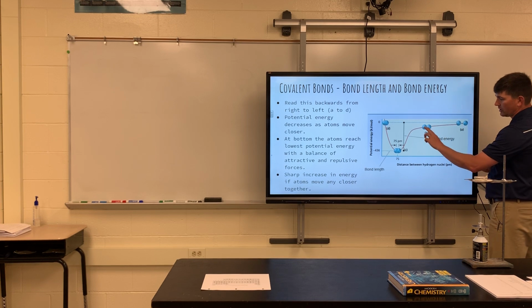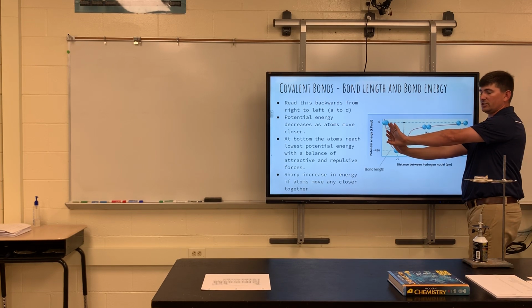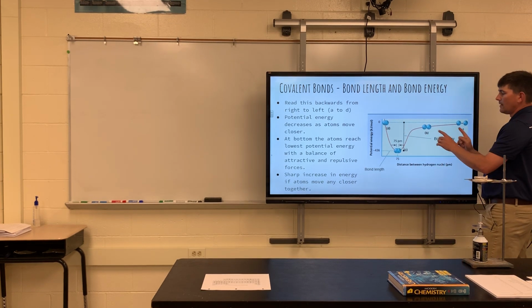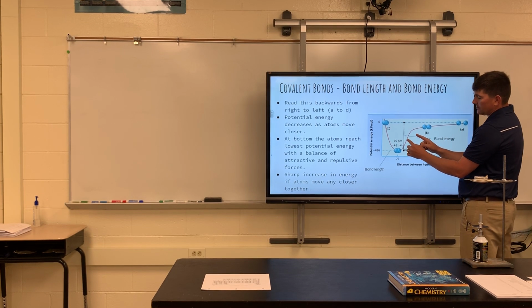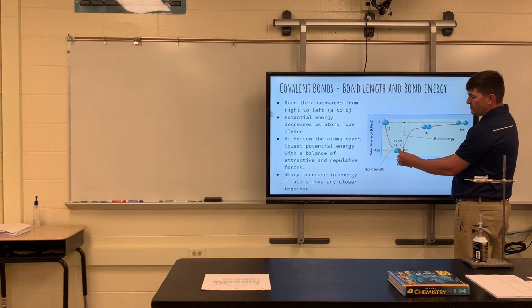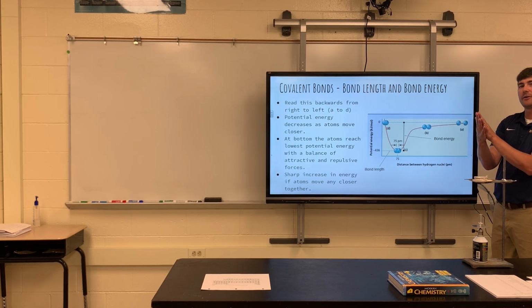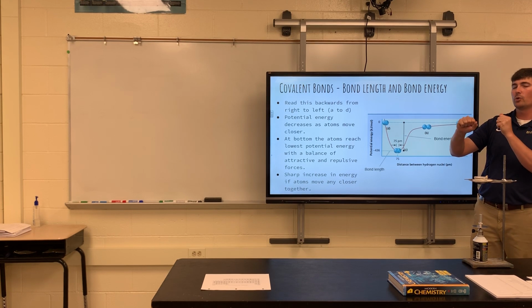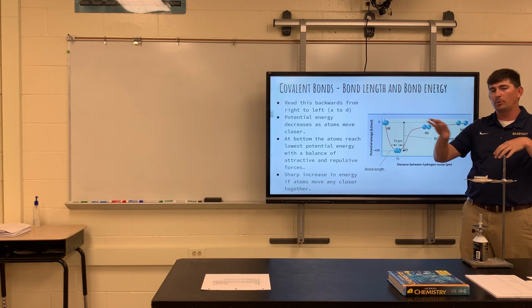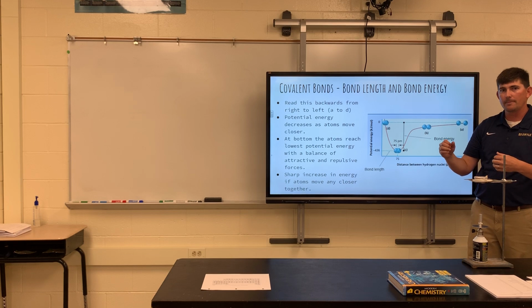So as they move closer together, that is, move back towards 0 here distance-wise, right? They begin to lower their potential energy. At some point, they get to the perfect distance from each other, okay? So that perfect distance is where the force of attraction and the force of repulsion are balanced out, okay?